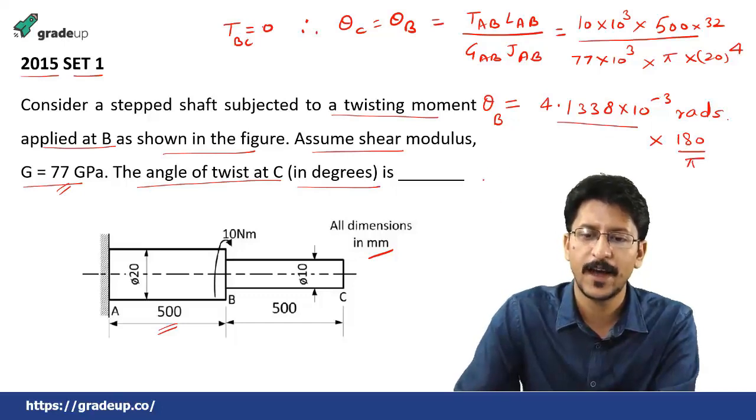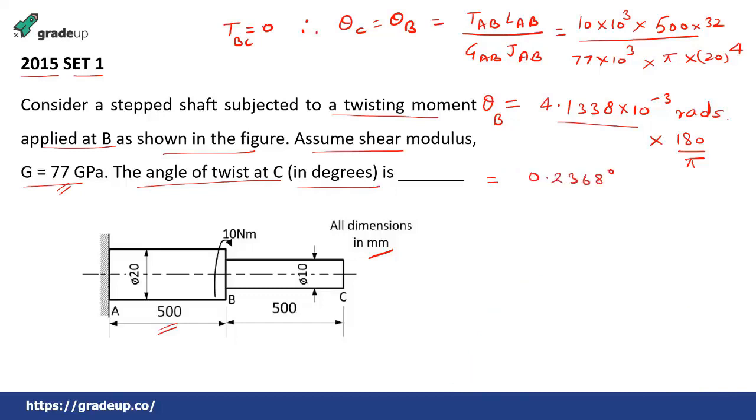So you will get the answer as 0.2368 degrees. This will be equal to theta B and also equal to theta C. So this is the answer. The angle of twist at C is 0.2368 degrees. The next question.